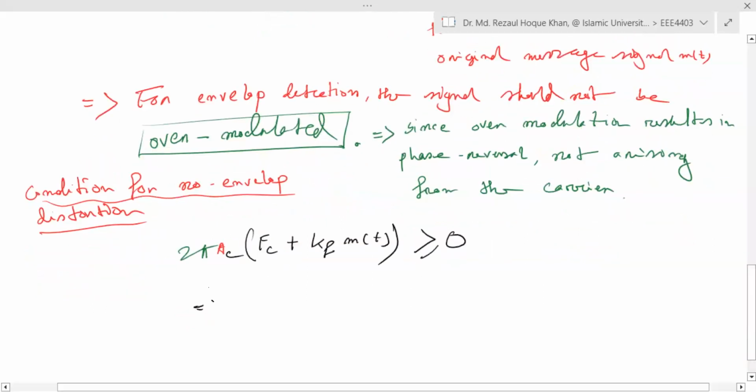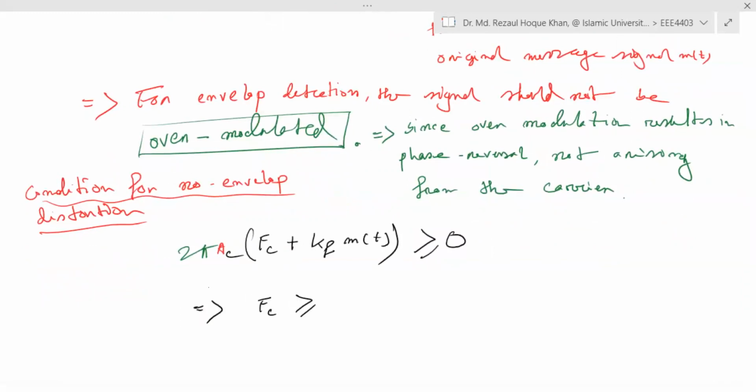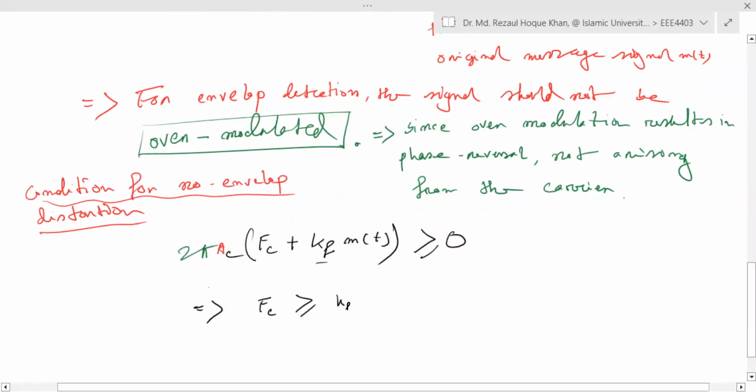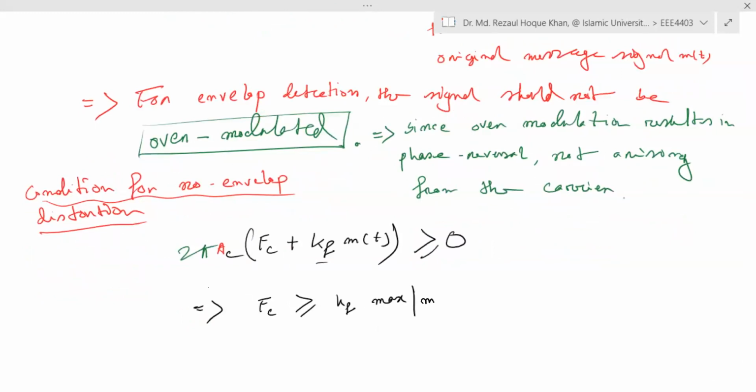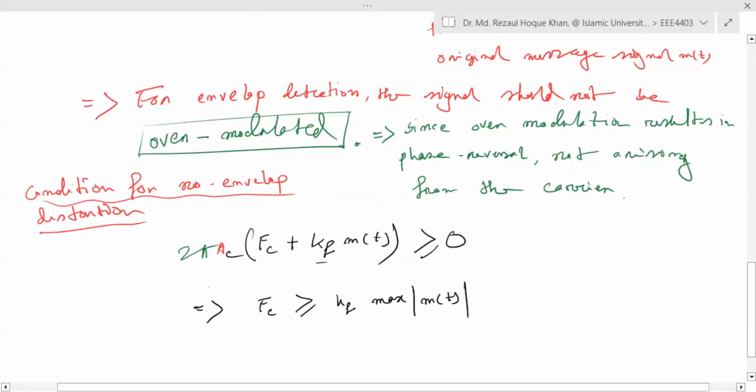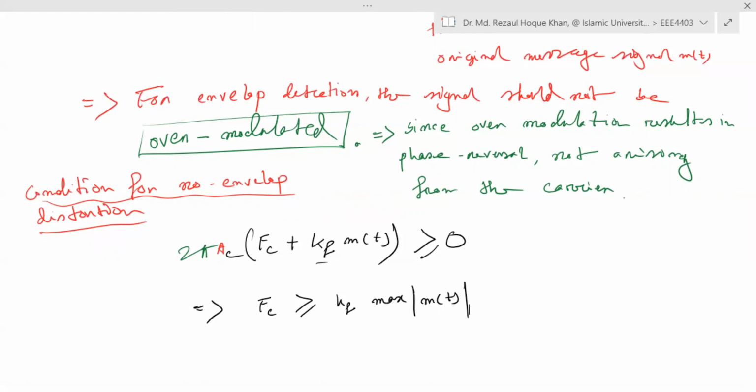If this is the case, then we know that fc has to be greater than or equal to kf times the maximum amplitude of m(t). So the carrier frequency has to be greater than the maximum amplitude of the message signal, right?